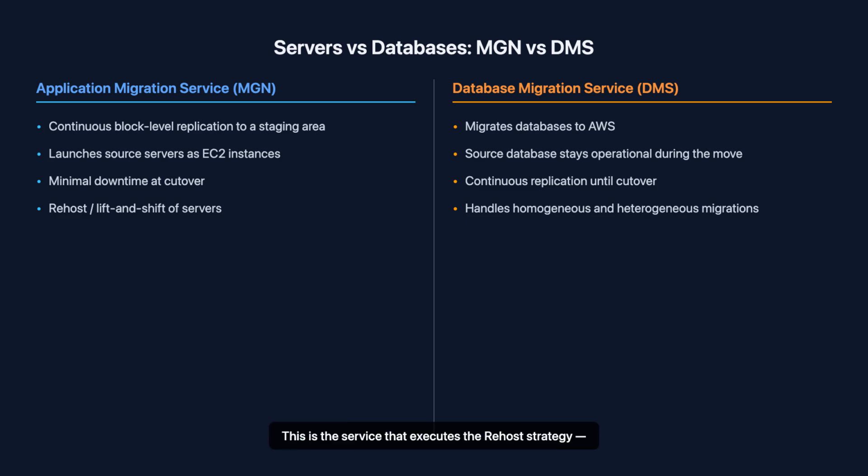This is the service that executes the rehost strategy, lifting a server as is and running it on EC2 without modification. On the right, Database Migration Service, DMS, moves databases. The source database stays fully operational while DMS replicates continuously until you're ready to cut over, and it handles both same engine and different engine migrations. The boundary to burn in: MGN is for servers, DMS is for databases.